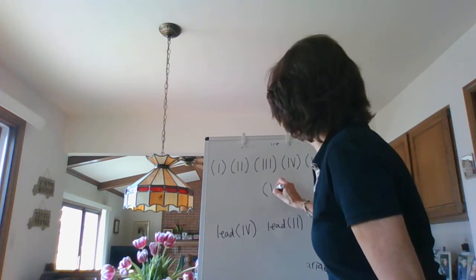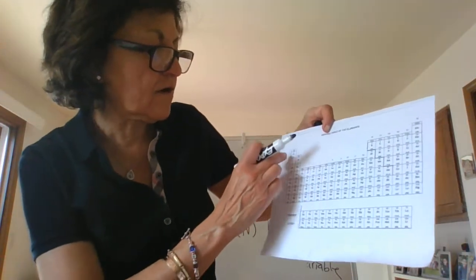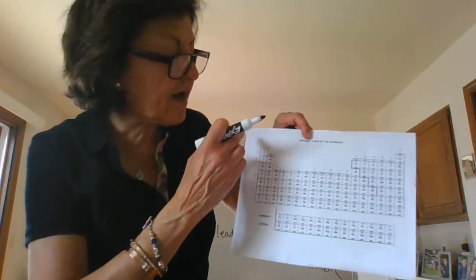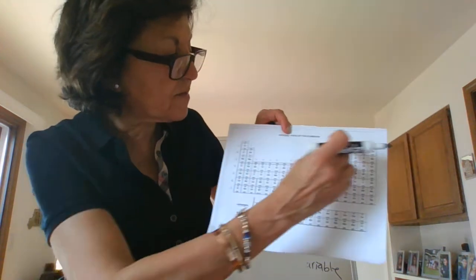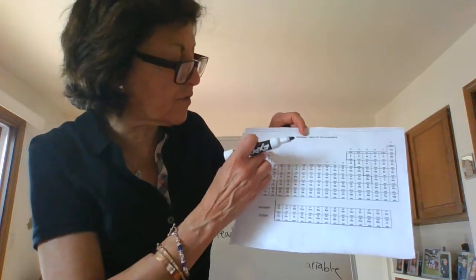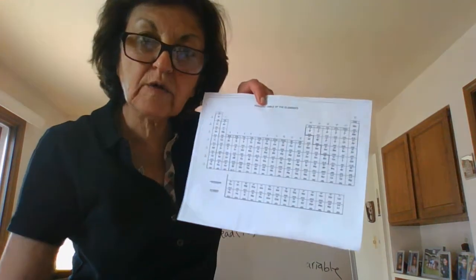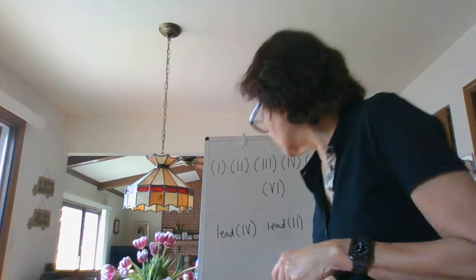Now, if you look at the periodic table, it's got Roman numerals right there on the top here. So the groups have the 1 through 18 systematic numbers, and then they also have the Roman numerals 1A, 2A, all the way over to 8A. So know your Roman numerals.